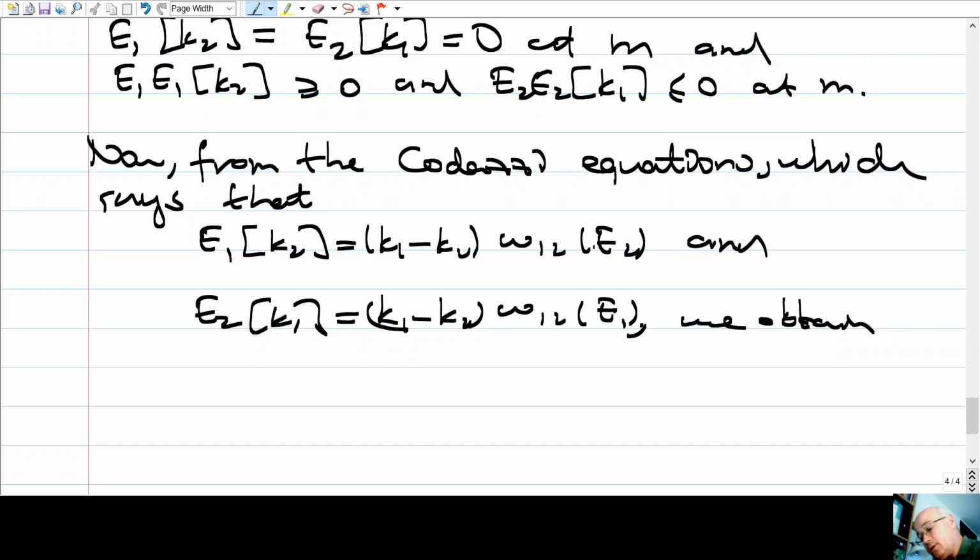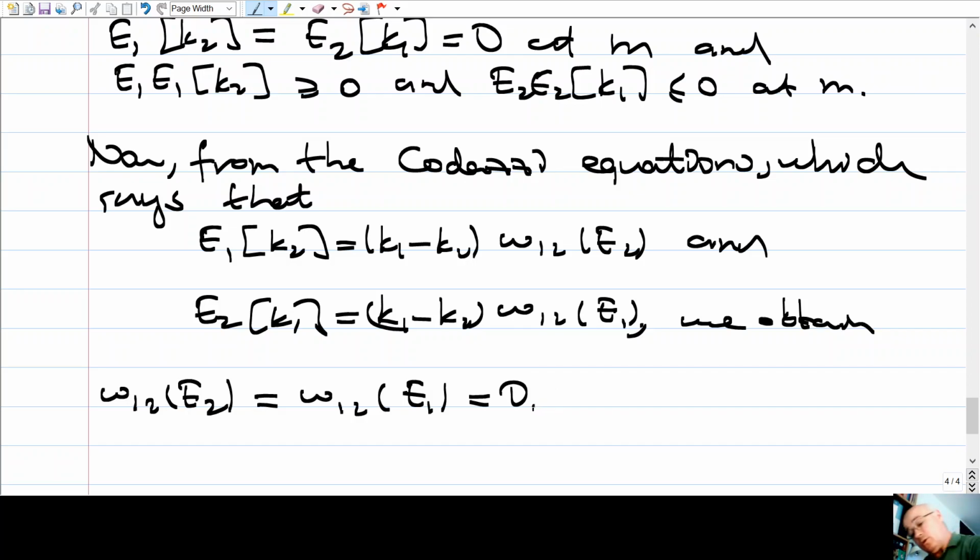Therefore, this is 0. And so omega 1 2 of E2 is 0. And again, this is 0, but this number is not 0. Therefore, this real number is also 0. We obtain that both of these are 0. So omega 1 2 of E2 equals omega 1 2 of E1. They are both equal to 0.